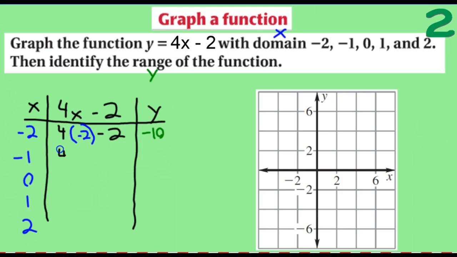Then we have 4 times a -1 minus 2. Hold on one second, I'm going to make this a different color. There we go. 4 times -1 is -4, minus 2 is -6.